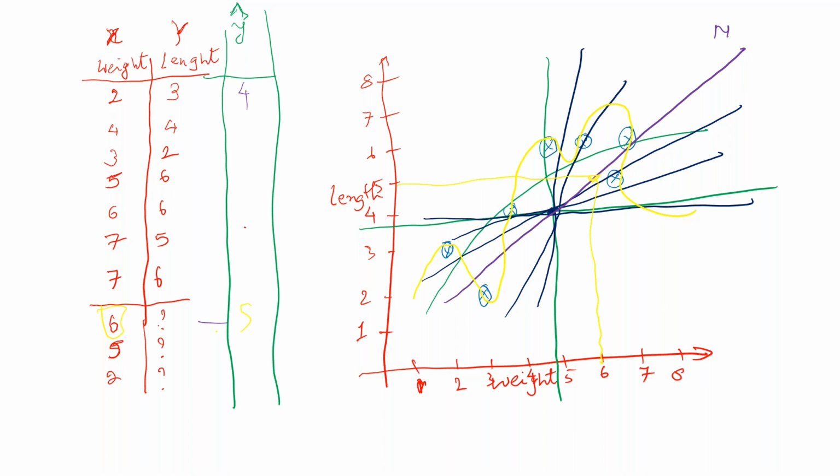And from the point of view of 6, here it will be very accurate for 6 because already it is there. But let's say there is a 6.5 here, then it will give some data different than the line here, the purple line. So using these models, we'll start predicting these new unseen values.